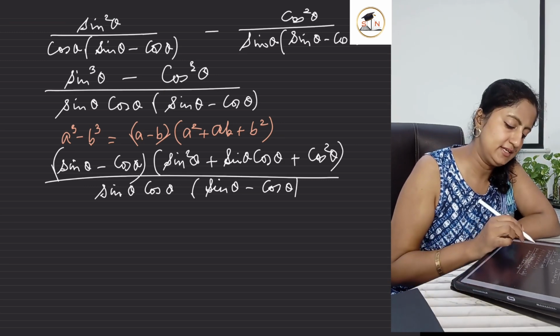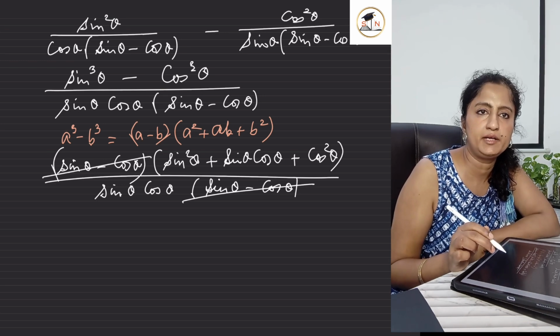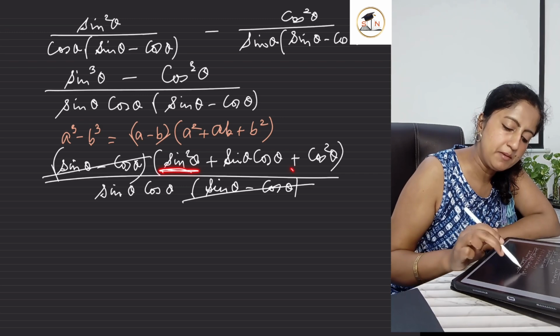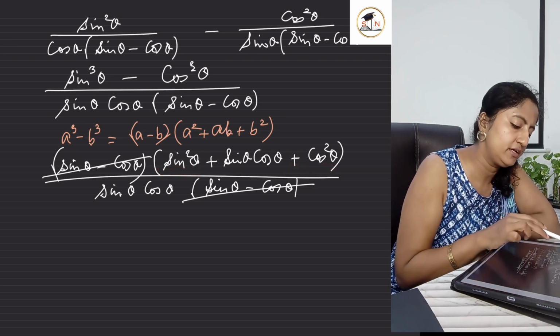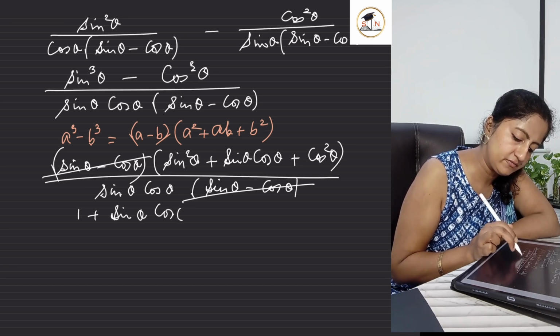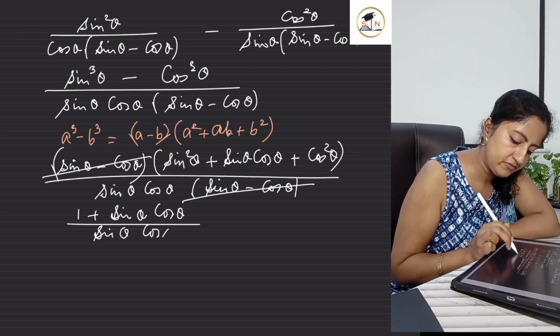Now, what we can see, sine theta minus cos theta is the same in numerator and denominator, right? And furthermore, sine square plus cos square we have in the numerator. So that gives us 1 plus sine theta cos theta over sine theta cos theta.